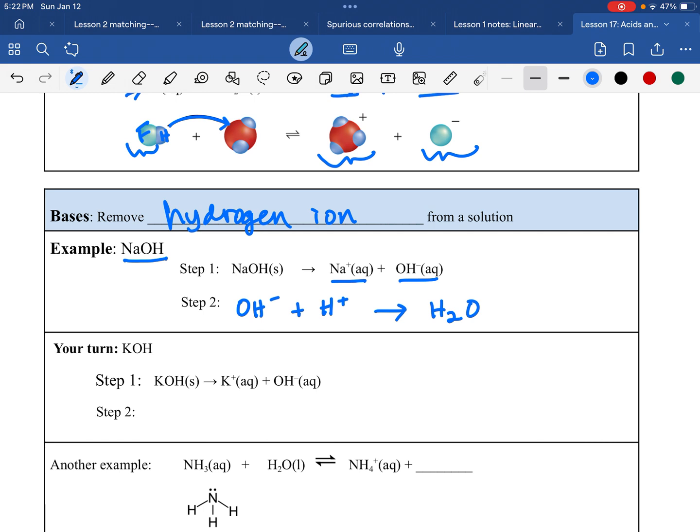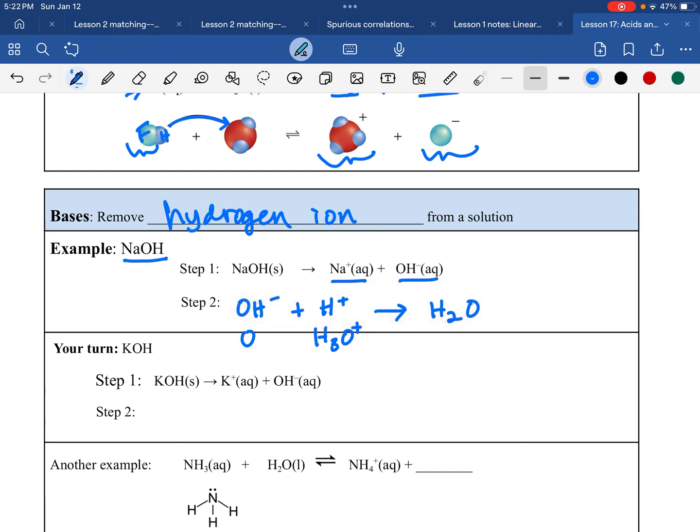Now, in reality, there are no free hydrogen ions floating around in a water-based solution. All those hydrogen ions have actually added onto a water molecule to become hydronium. So this is kind of the simplified version of what's going on.